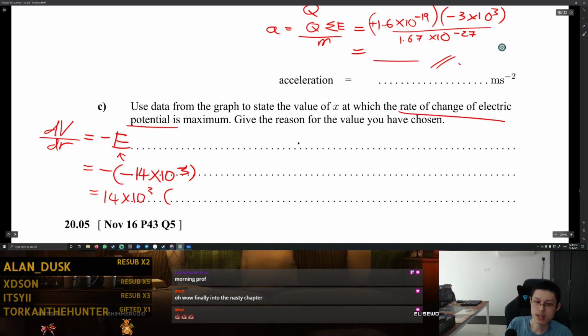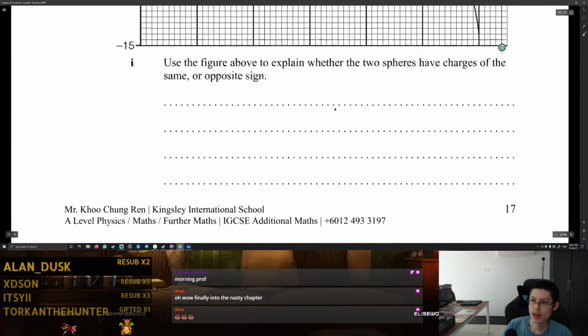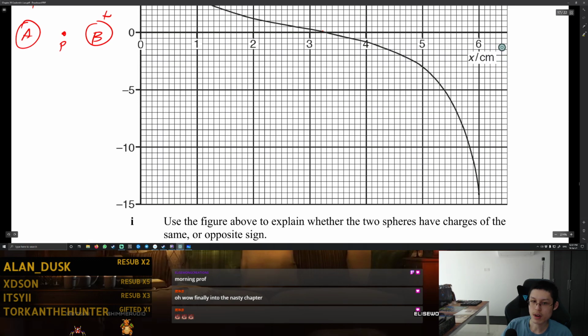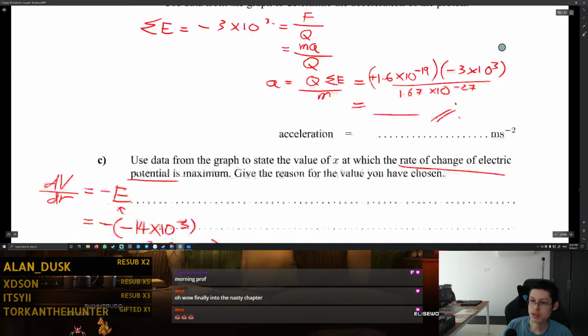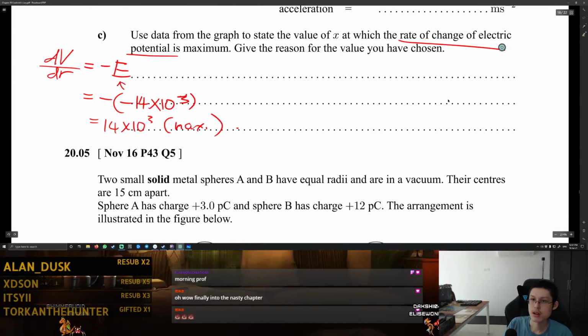So this is the maximum value of the rate of change of electric potential. So where does that happen? That happens around x equals 6. And done.